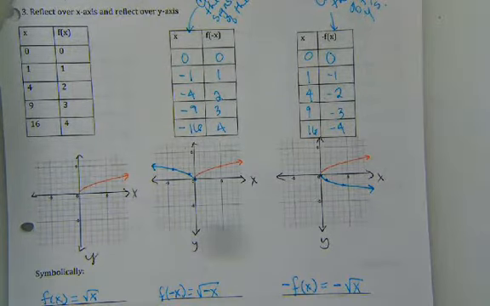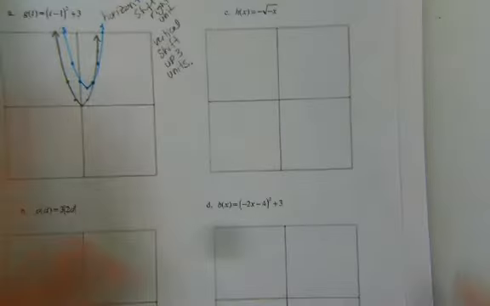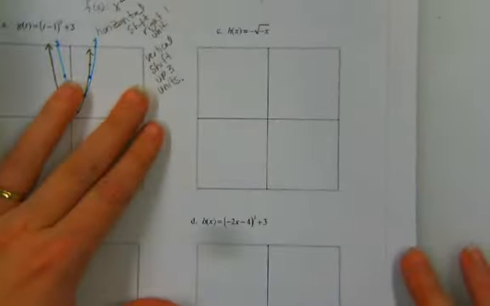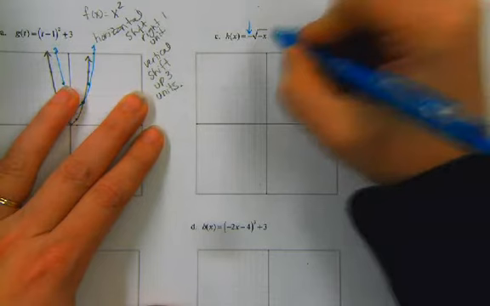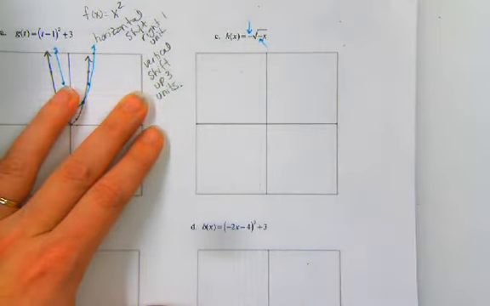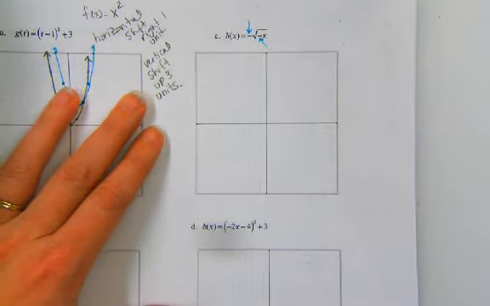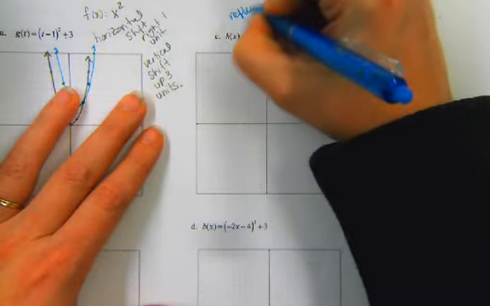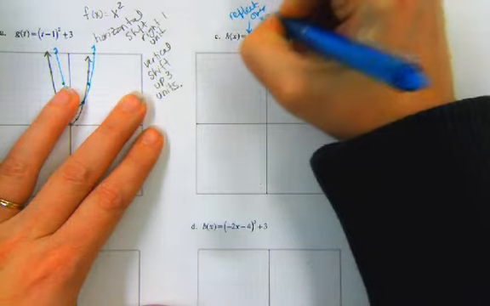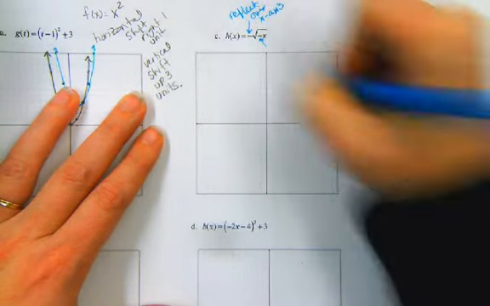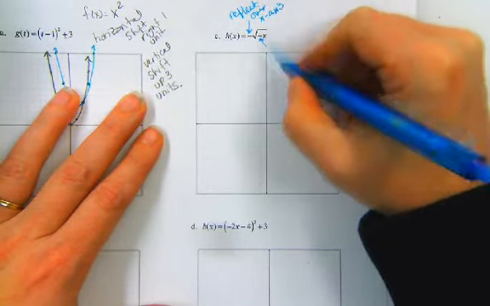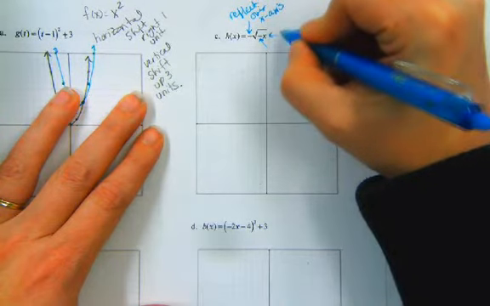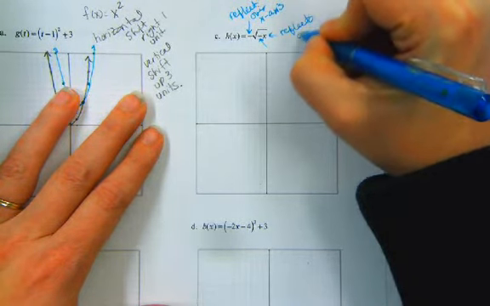So to practice that, I have an example here of the square root function that has a negative sign outside the square root and a negative sign inside the square root. The negative sign on the outside of the square root tells me to reflect over x. The negative sign on the inside is telling me to reflect over the y-axis.